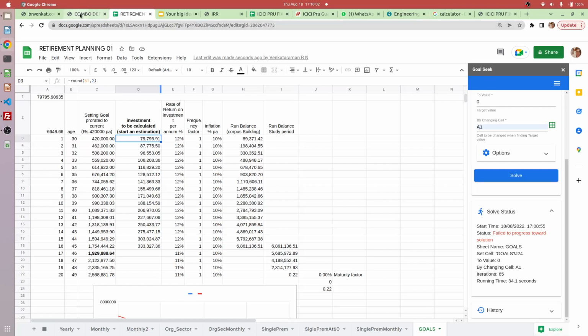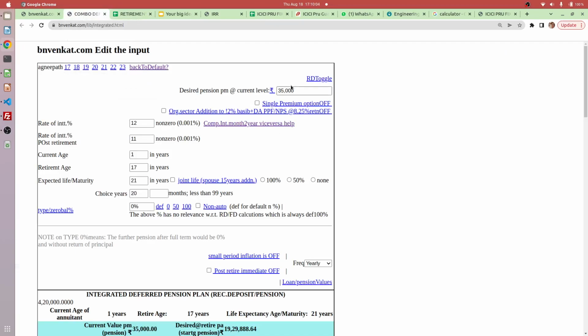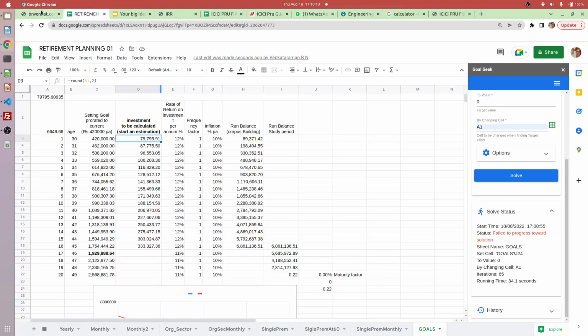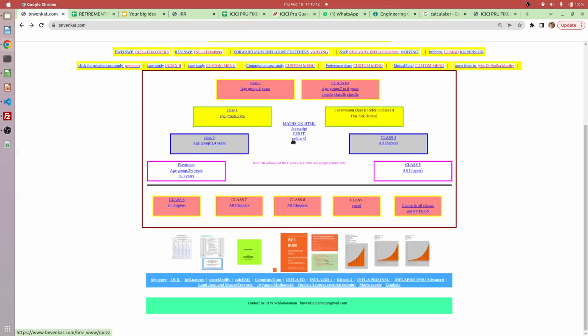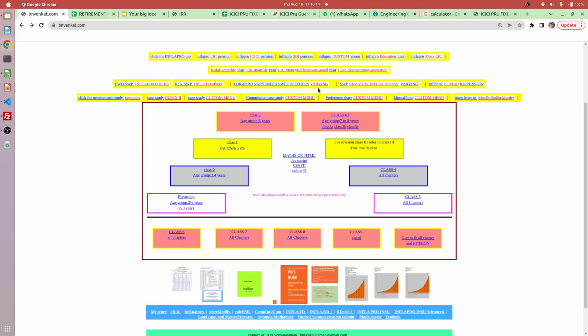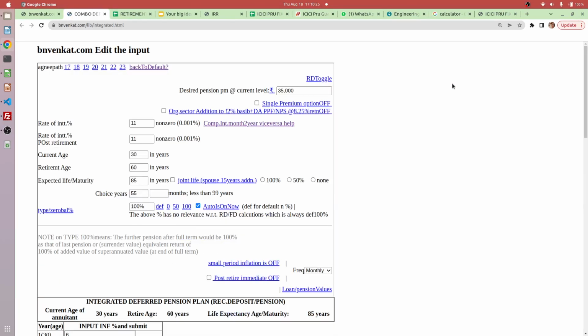Let us see this in our combo plan. I have already come back to the website. This is my website bvenkat.com. We have got a home page. In this, look for the InflePro combo plan pension. This is combo for systematic investment.